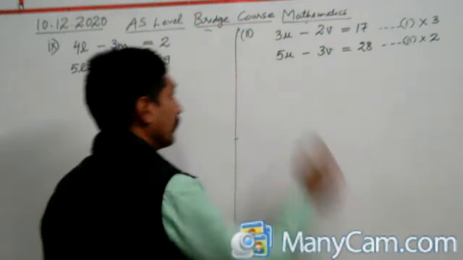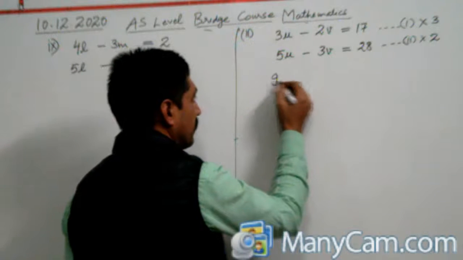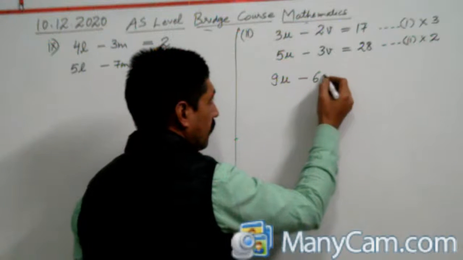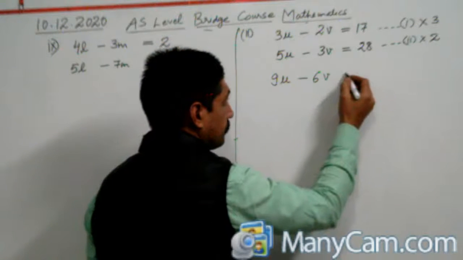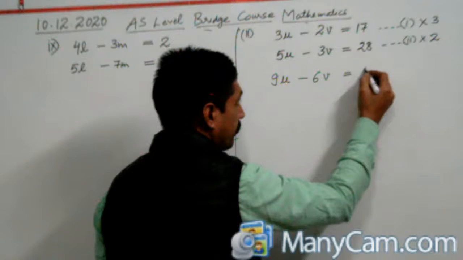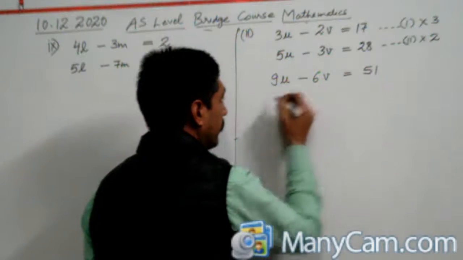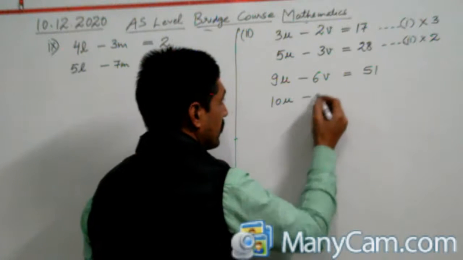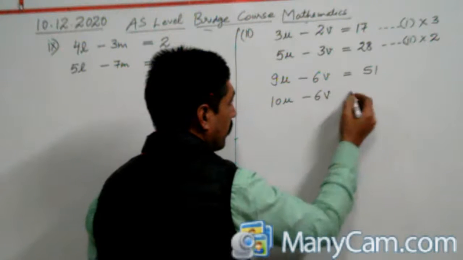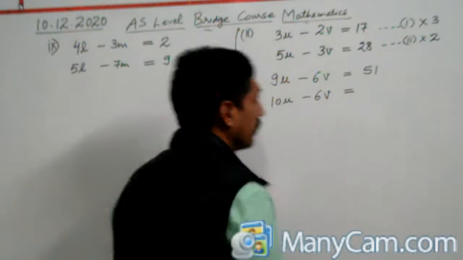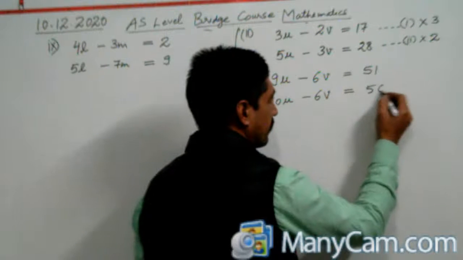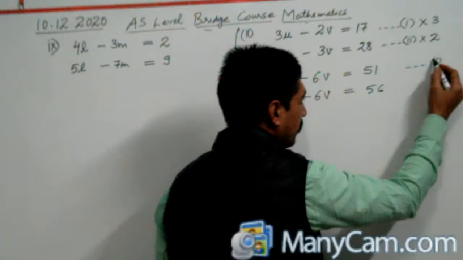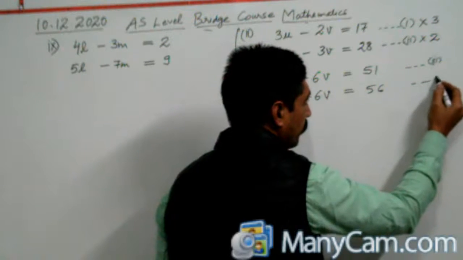What did we get? We got the third equation: 3 times 3 is 9u minus 6v is equal to 51, and here 10u minus 6v is equal to 56. Now this is equation number 3 and this is equation number 4.